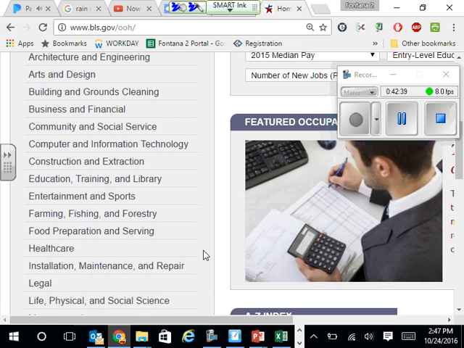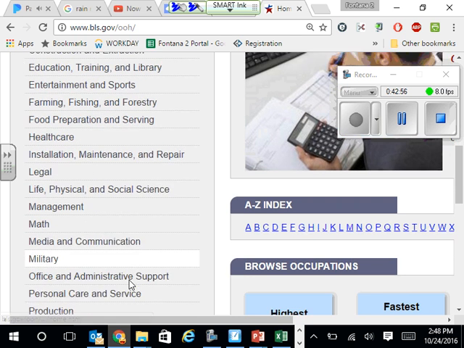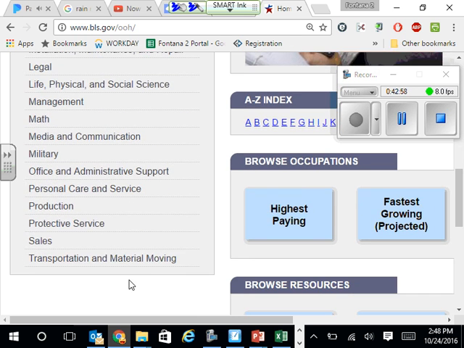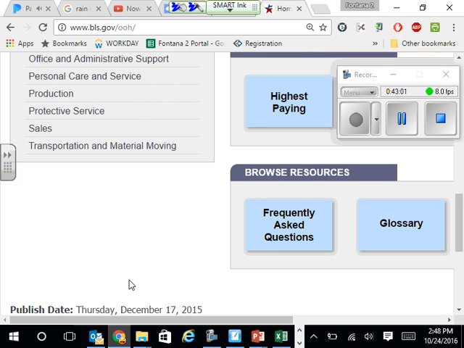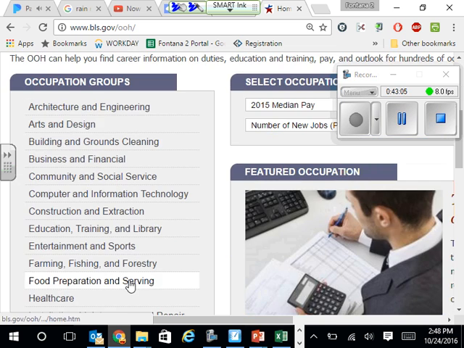There should be a find button. Let's see. My screen, there it is, search handbook. And I typed in the same title, recreational worker. Hit enter. And from there, I was able to find it.